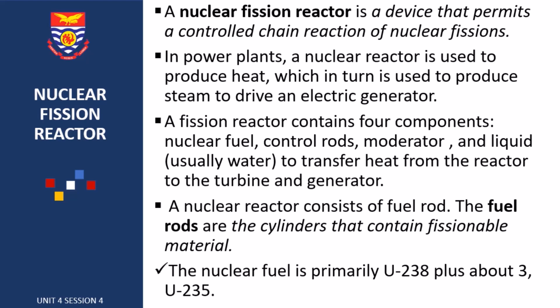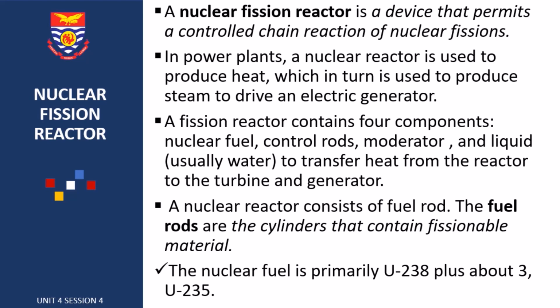The nuclear fission reactor has four main components: the nuclear fuel, the control rod, the moderator, and a liquid, which is usually water, that transfers the heat from the nuclear reactor to the turbines that generate the electricity.